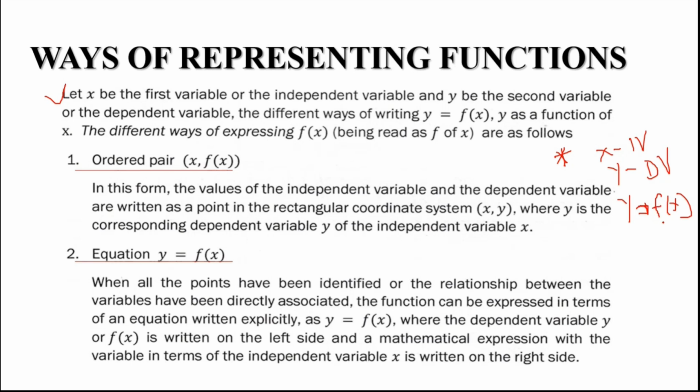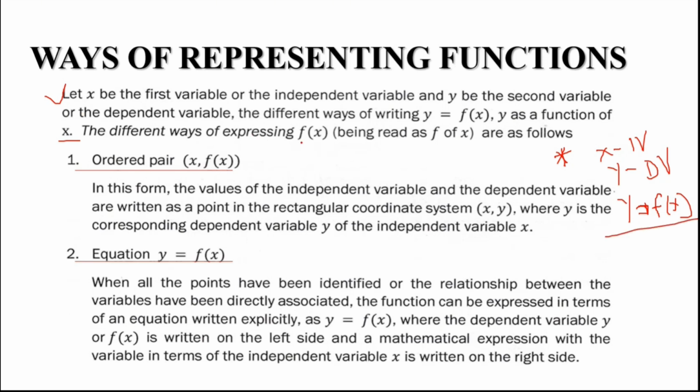That's why, as you can see, f of x replaces the variable y. So it says here the different ways of writing y is equal to f of x, which is read as y as a function of x, right? To make it an equation.